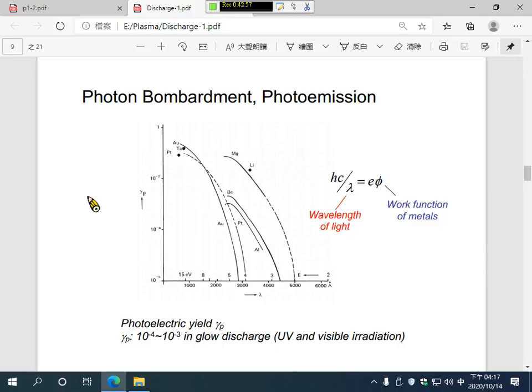From 400 angstrom to 4,000 angstrom to 7,000 angstrom, this part of the photon spectrum belongs to visible light.